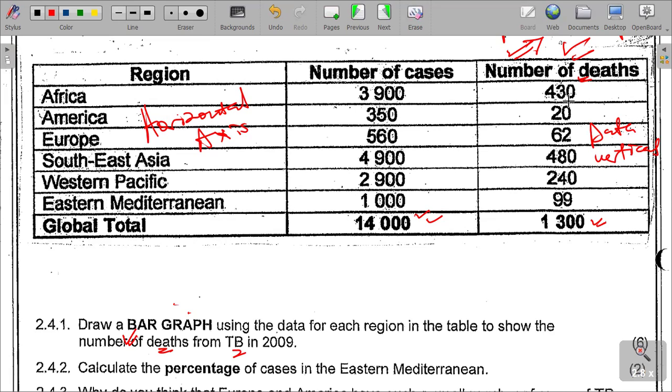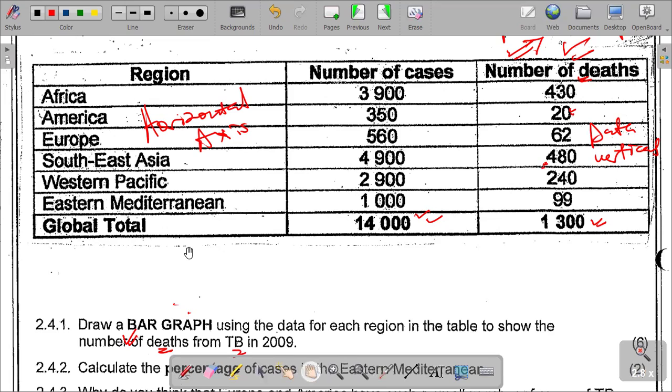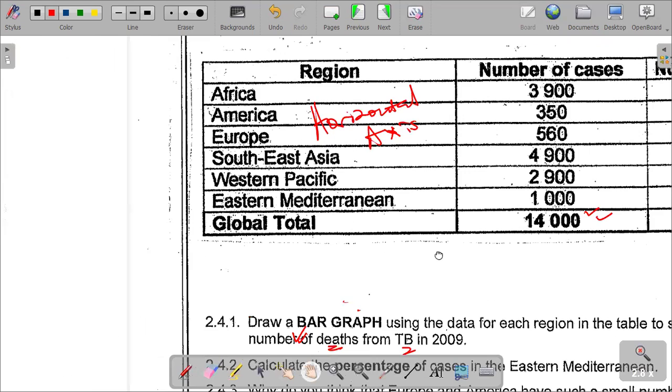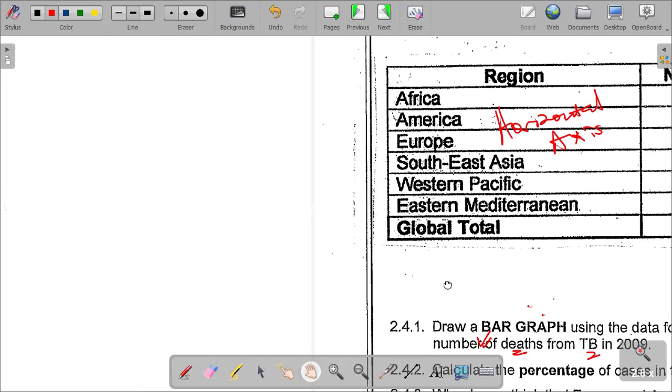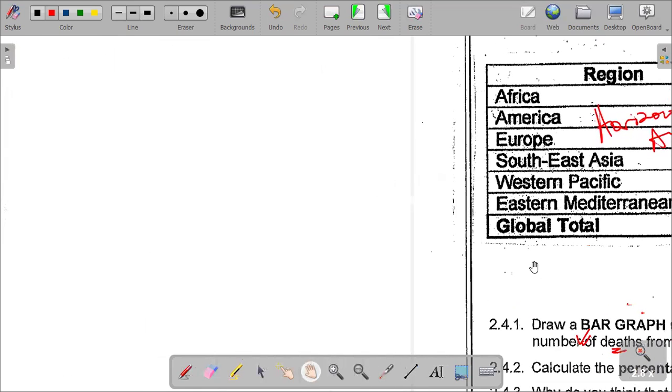Our highest is 480, and our lowest is 20. So we can choose a suitable scale that accommodates the highest and the lowest values.